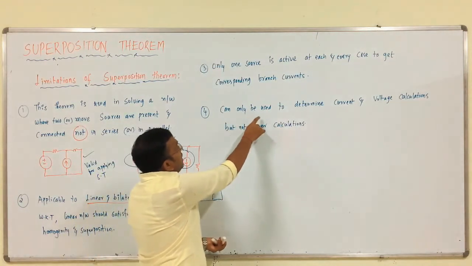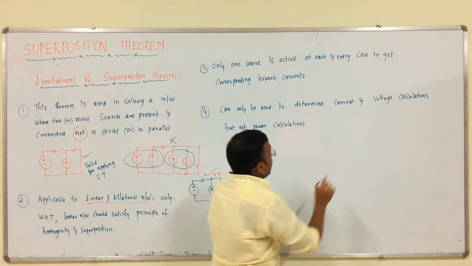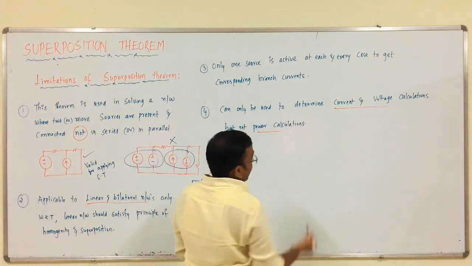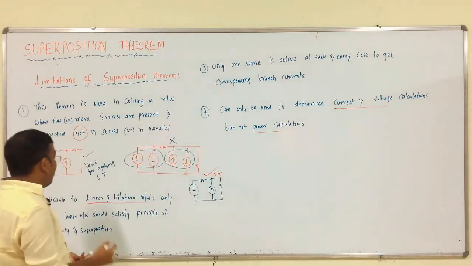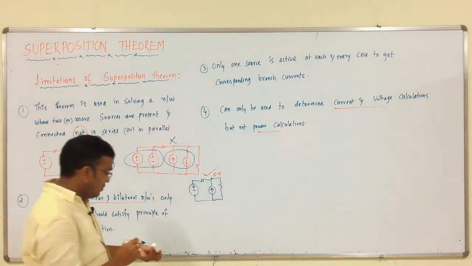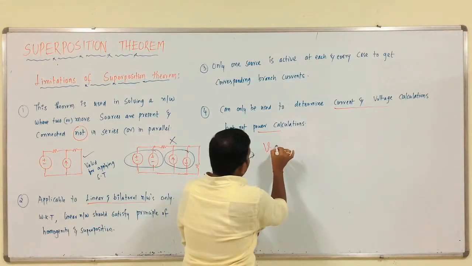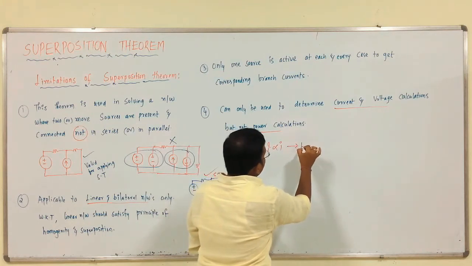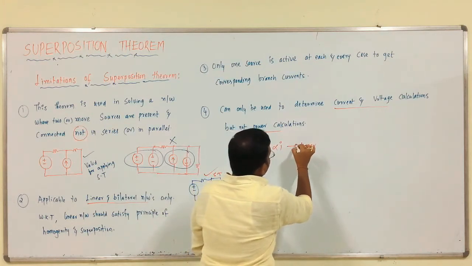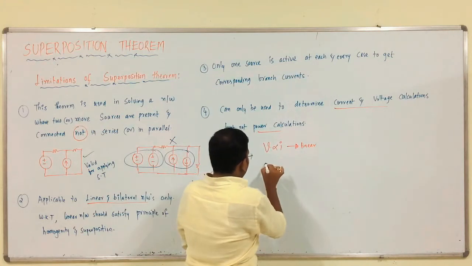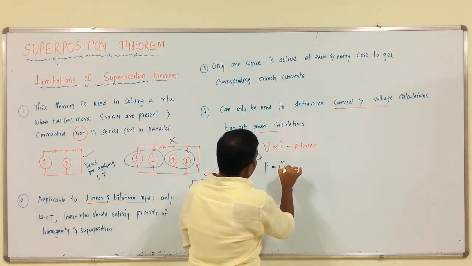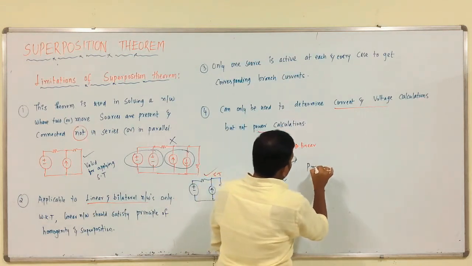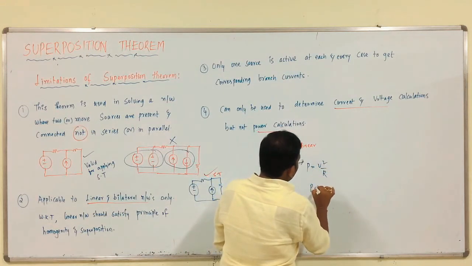Next, it can only be used to determine current and voltage calculations, but not power calculations. Why? This theorem is applicable for linear circuits only. The voltage is proportional to I. This is nothing but linear, right? Linear combination. But coming to power, P is equal to I square R. So, P is proportional to I square, or P is equal to V square by R, so P is proportional to V square.